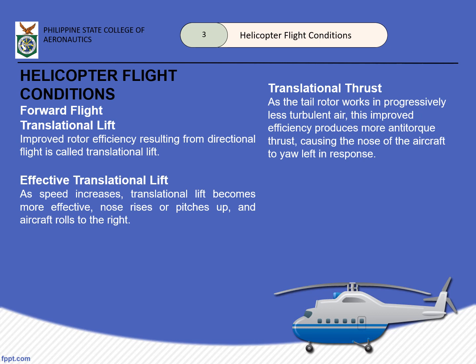Effective translational lift happens due to the combination of our dissymmetry of lift, gyroscopic precession, and the transverse flow effect. And lastly, our translational thrust occurs when the tail rotor becomes more aerodynamically efficient during the transition from hover to forward flight.